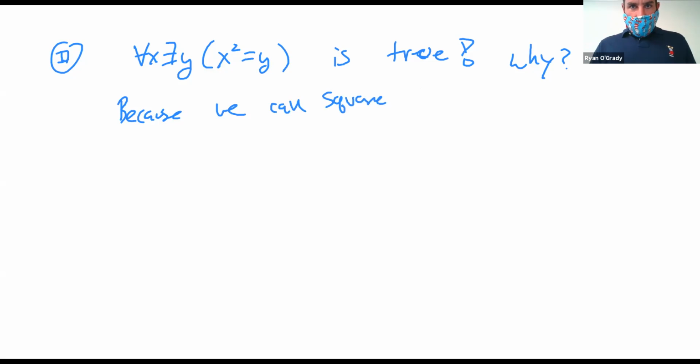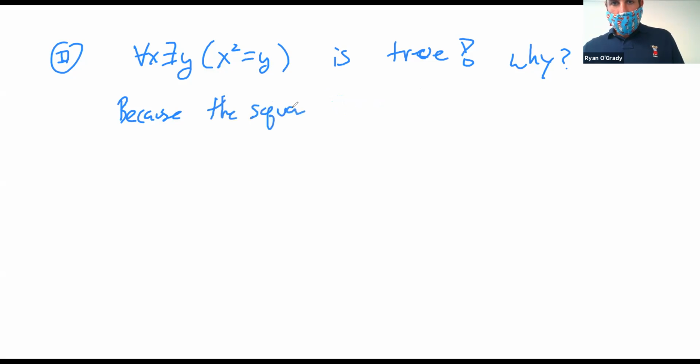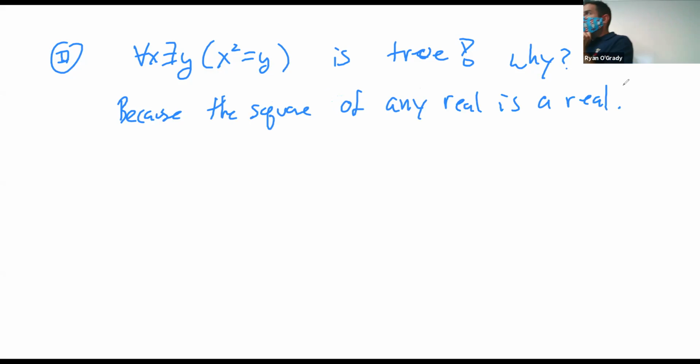So maybe I'll even be more specific than that, because the square of any real is a real. That's all this is saying. It's saying if you square a real number, the output is a real number. That's what this statement is saying, if you think about it that way.